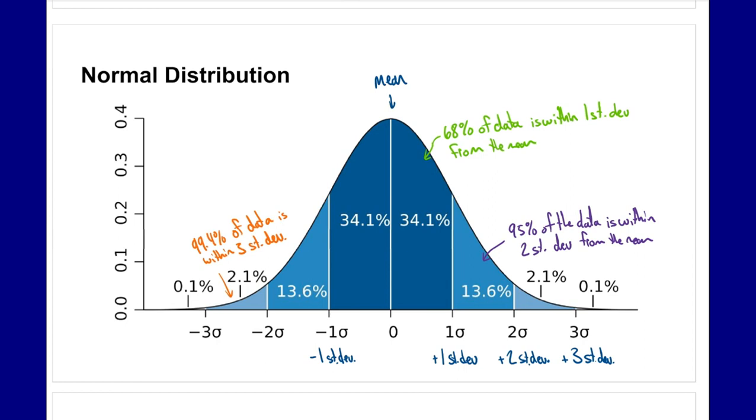The majority should be around the average. You can think of it like test marks. Yes, you're going to have people that are above the average, but not many. You're going to have some people that are below the average very far, but as you get closer and closer to the average, you should find more and more of your data values, or more and more of the marks, around that average.